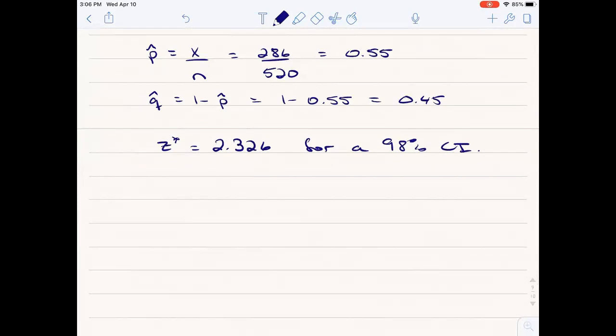So now I can build my interval here: p hat plus or minus z star times the square root of p hat q hat over n.